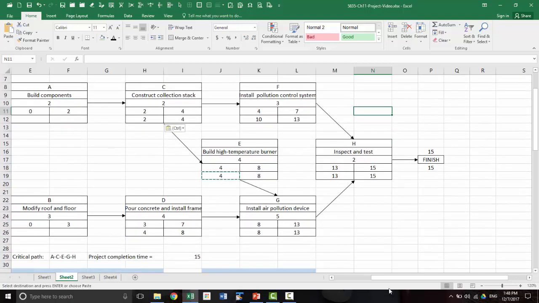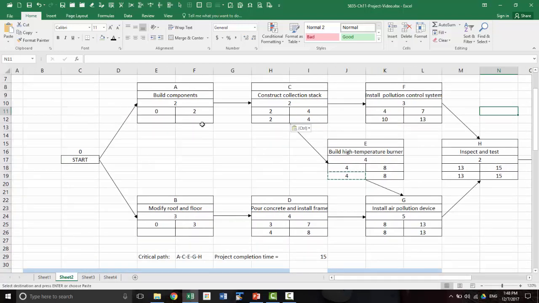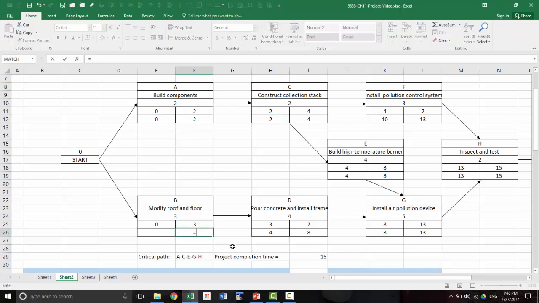Okay, so going further back, A has only one arrow going out, so that one, and copy that formula here. This has only one arrow, so copy that. All right.